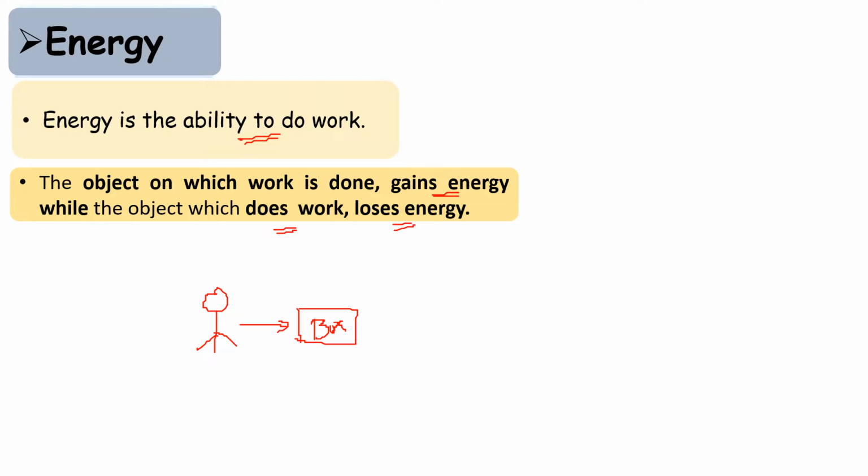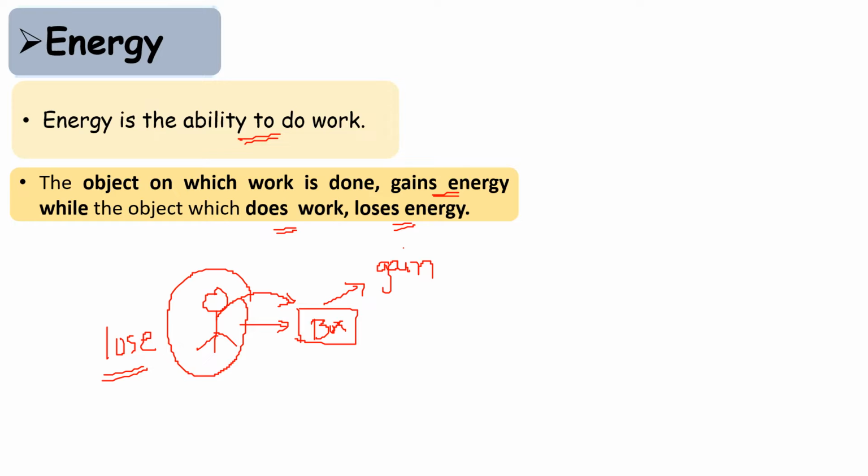That means I am doing work on this box. So, the object on which work is done, this box, will gain energy and the object which does work loses energy. That means I am going to lose energy.